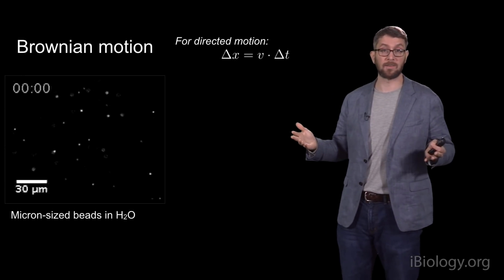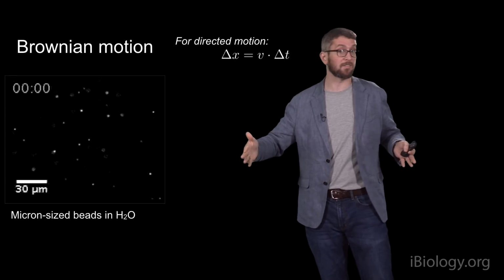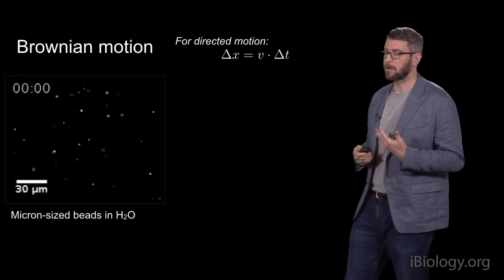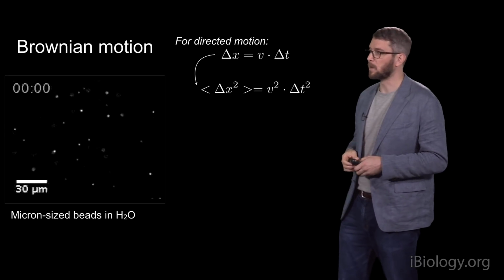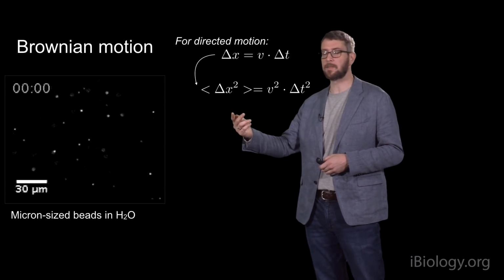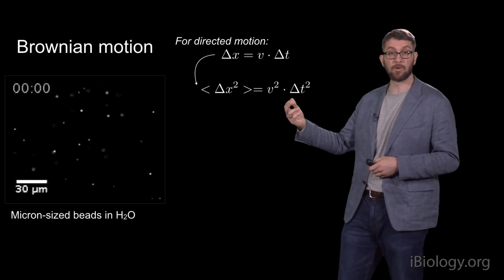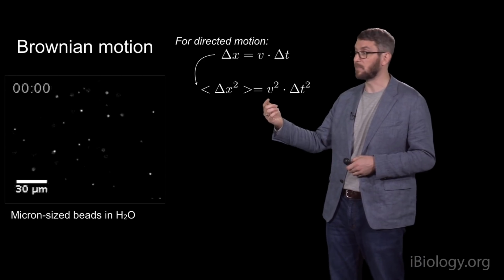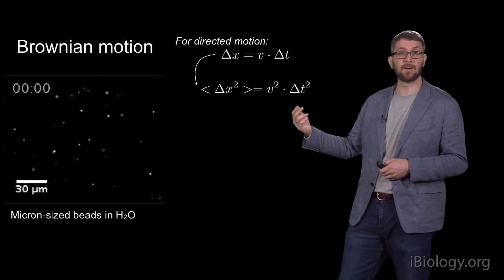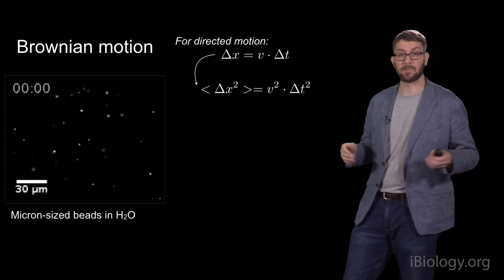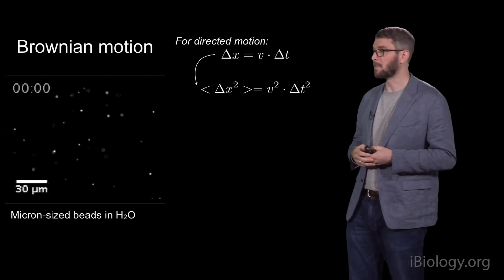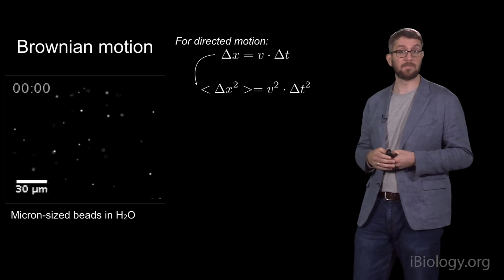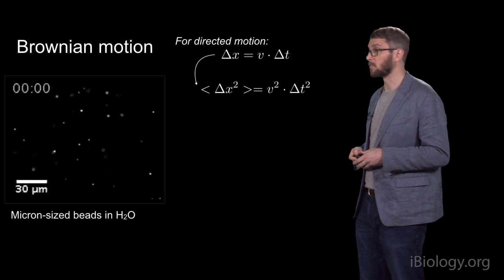You sit in the car twice as long, you move at the same speed, you've gone twice as far. And if I were to ask you about the square of the displacement, then I would say, okay, well, I just square both sides of this equation, and I have some v squared prefactor, and then I have the time squared, and that makes perfect sense. So if I wait twice as long, then the square of the distance should be 4 times as large.